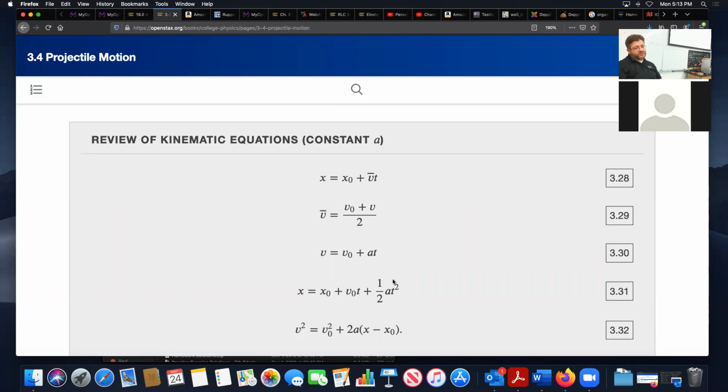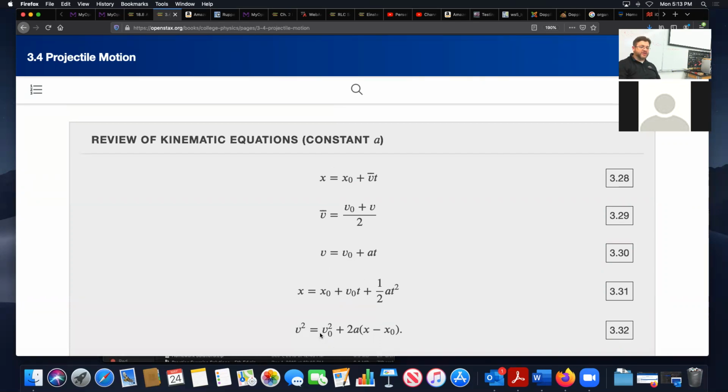So if we don't include acceleration, then this equation right here just becomes velocity final equals velocity initial. In other words, the velocity in the x direction doesn't change, right? Because it's not accelerating in the x direction. This equation down here just becomes this equation up here because this last term falls out, right? And this equation here becomes velocity final equals velocity initial again.